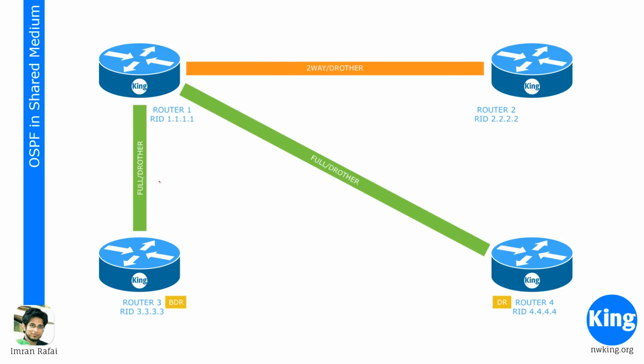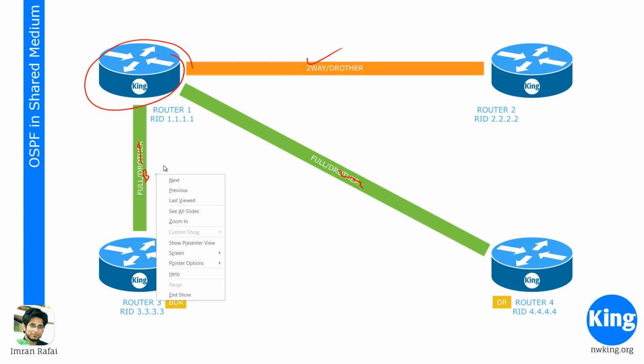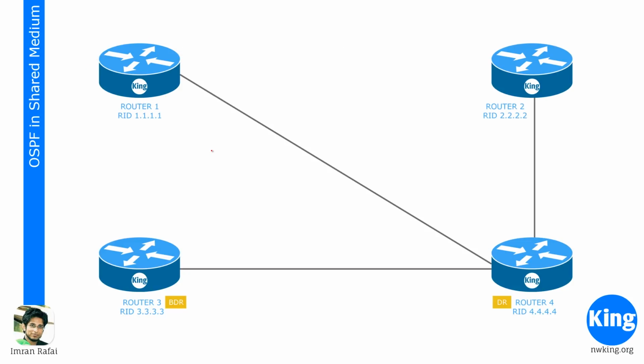Similarly, if you're looking at it from router 1's perspective, the same thing. This is going to be two-way, this is going to be DR, this is going to be BDR, right? So this is what the neighborship is going to be. So in effect, like I said, your DR is the most important device.